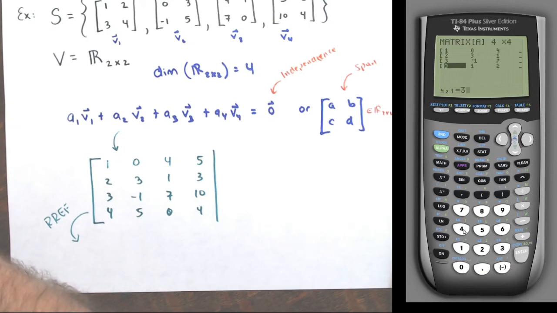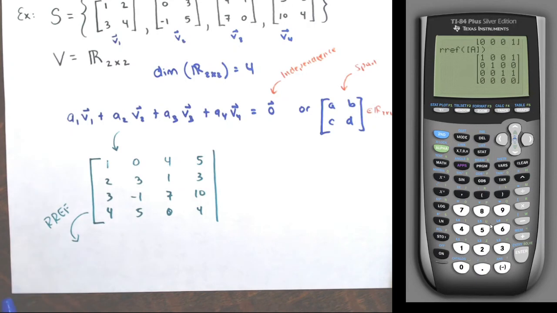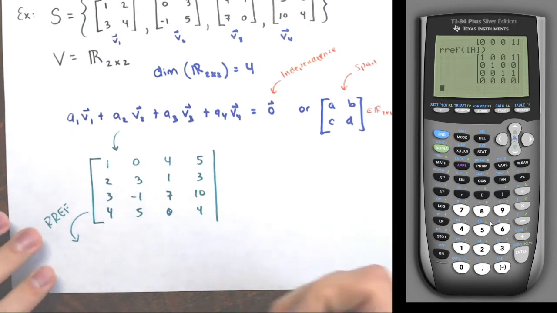Bear with me here. The last thing I entered was reduced row echelon form, so I'll do it again. And look, there's a row of zeros. Not every column is a pivot column.